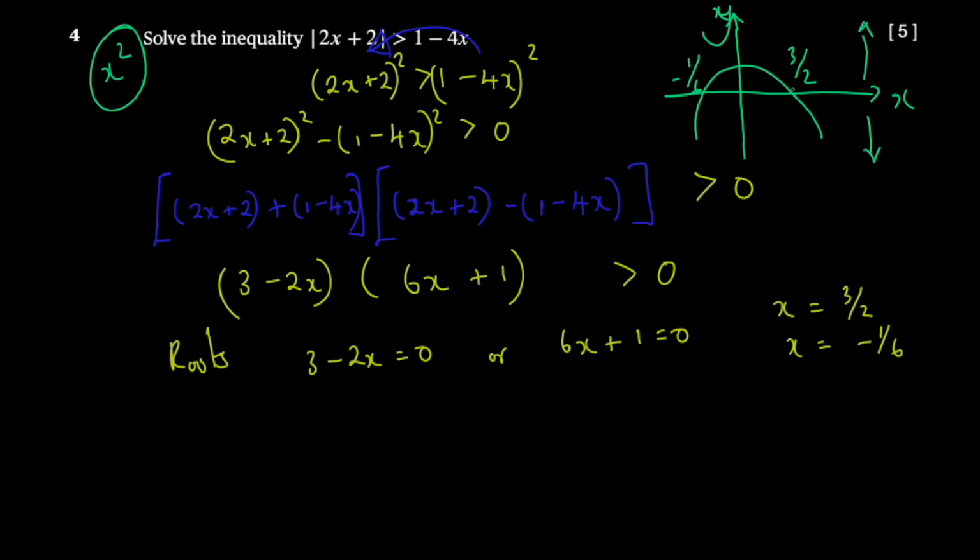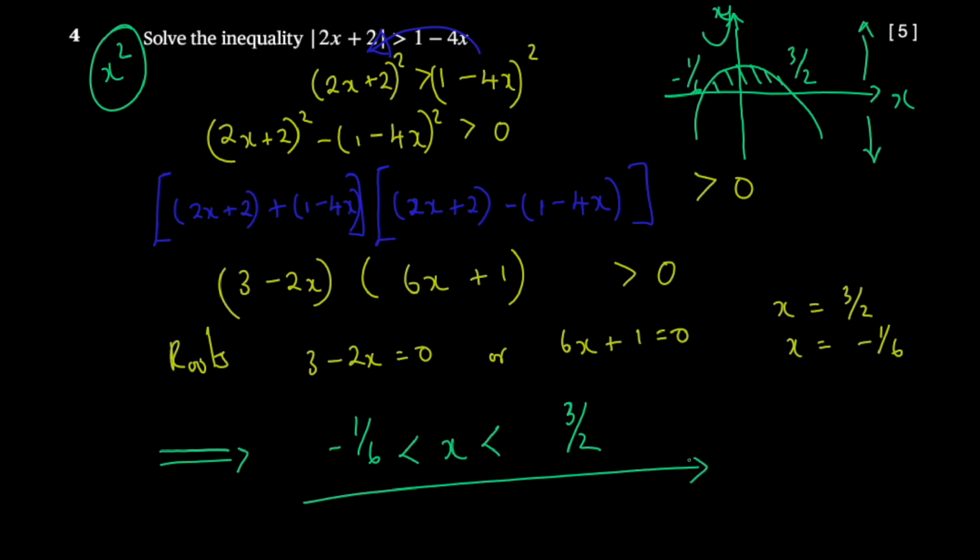This zero line here would be the x-axis. So you want the regions that are greater than zero for this curve, and obviously it's these regions here. At the end of the day, x would be greater than negative 1 over 6, but less than 3 over 2. This is your solution.